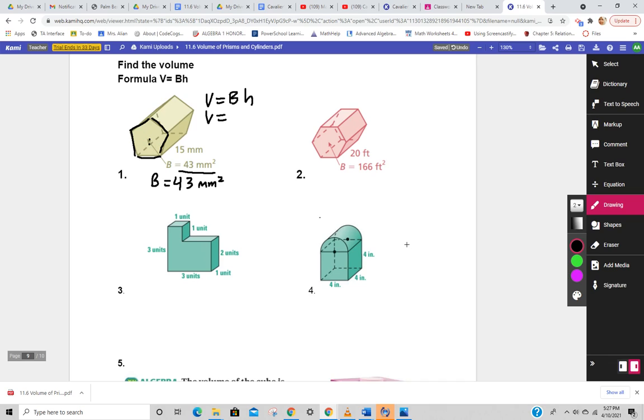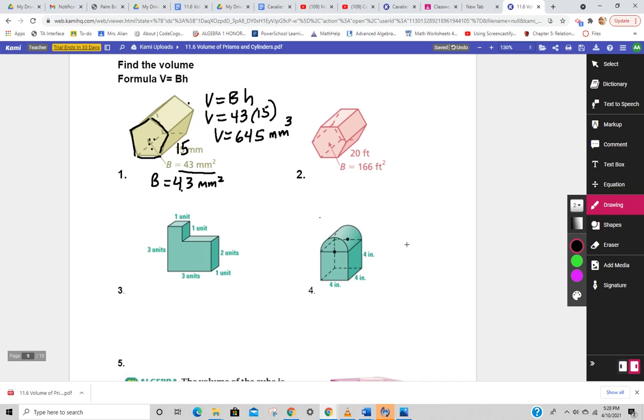The area of the base, which is given, 43, times the height. And the height is the distance between the front base and the back base. So that's 43 times 15. That's 645 millimeters cubed, since this is volume.